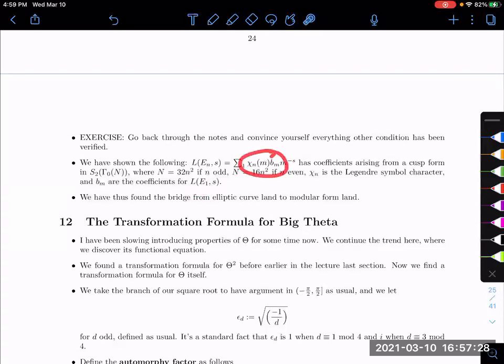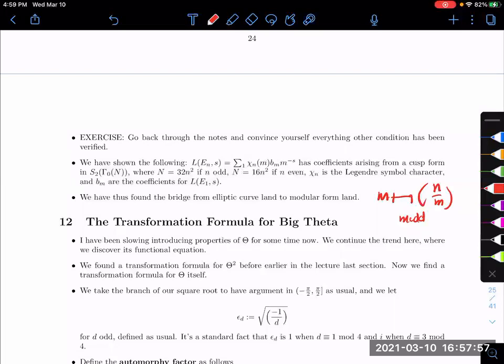These coefficients arise from a cusp form of weight 2 for gamma naught of n, where n is 32 little n squared if n is odd, and 16 little n squared if n is even. Chi sub n, remember, is the Legendre symbol. It sends m to n over m if m is odd, and it's not defined if m is not odd, so we would set it to 0.